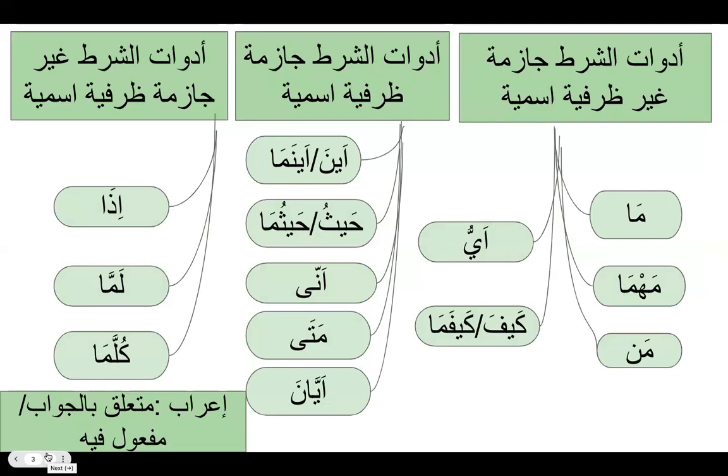Now tell me, when you see any zarf, what is the status of that zarf? Most of the time, the zarf by default should be what in status? Very well done. Nasb status. It should be nasb status, right? Your zarf is a detail. It is nasb status unless preceded by min.